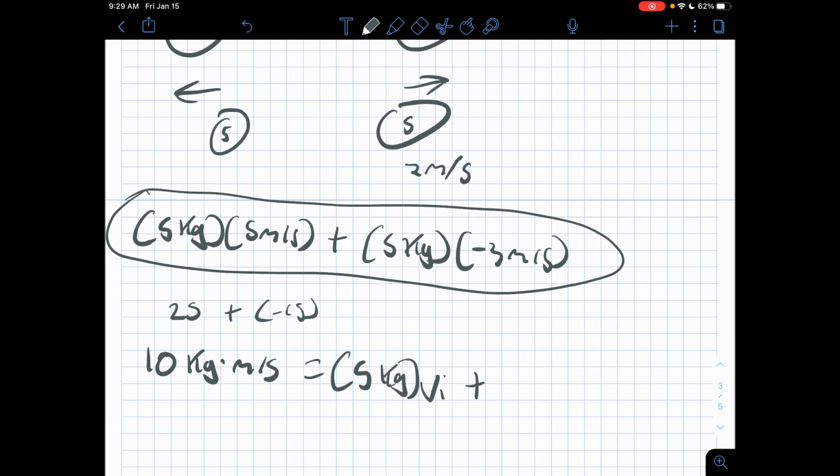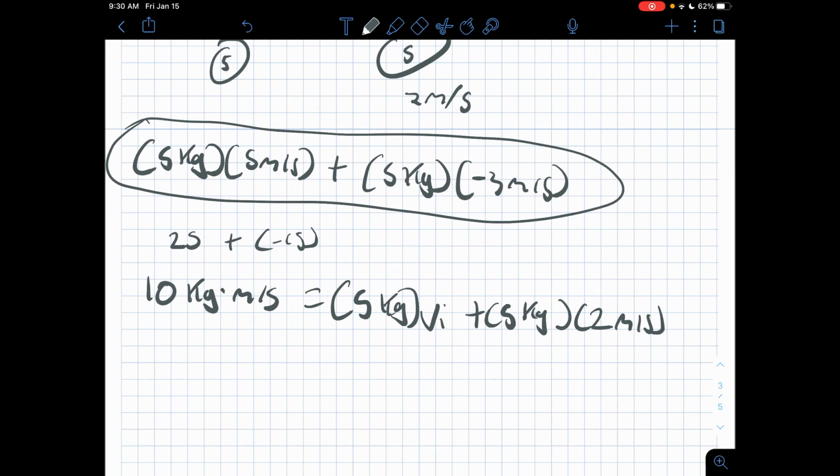And then plus the velocity plus the mass, which is 5 again, or 5 kilograms. And we have the velocity of this one, which is 2, and it's going in the right direction, so it's positive, so 2 meters per second. And then you can simply just calculate it out.